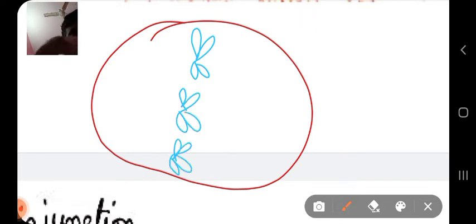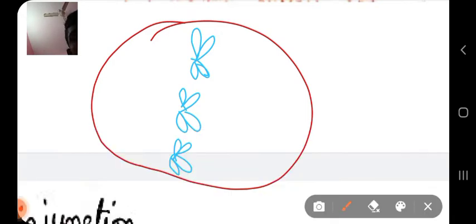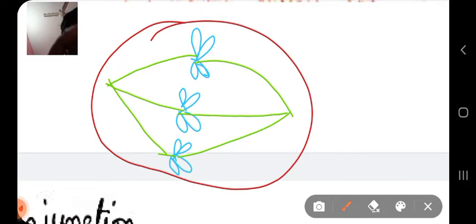I'm trying to draw the pair of chromosomes. So these are the pairs of chromosomes, and these are the mitotic spindle which are drawn in green. Just three I'm drawing.